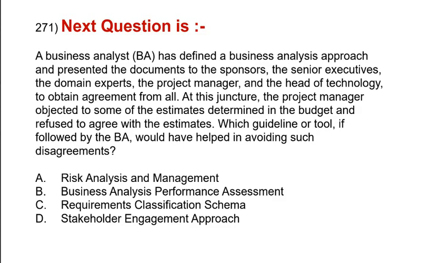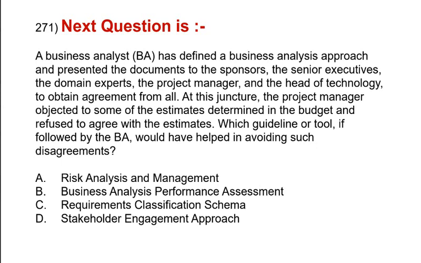Question is, a business analyst BA has defined a business analysis approach and presented the documents to the sponsors, the senior executives, the domain experts, the project manager, and the head of technology to obtain agreement from all. At this juncture, the project manager objected to some of the estimates determined in the budget and refused to agree with the estimates.